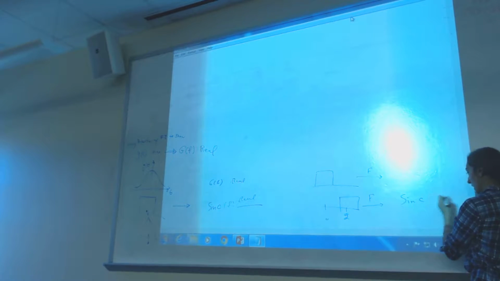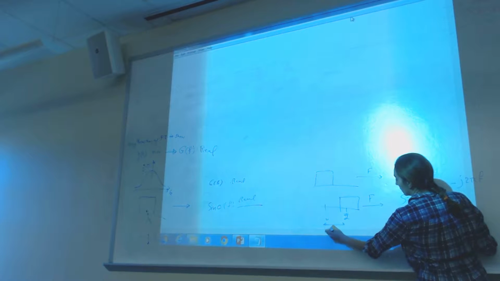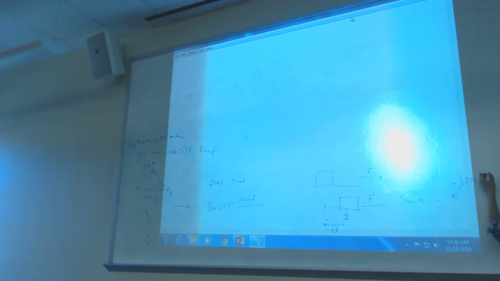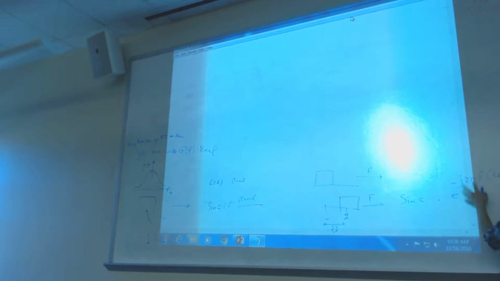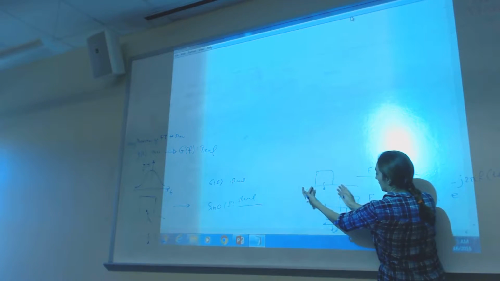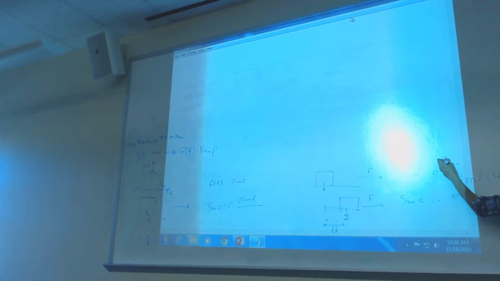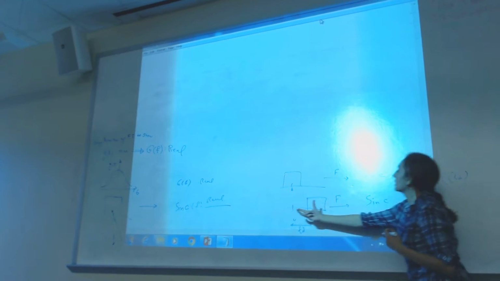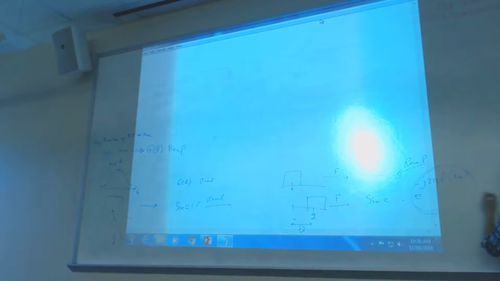So you're going to get sinc times e to the minus j 2 pi f, and then the amount of shift, for example, 2. So is this real? It's no longer real because you have a complex exponential. But if it was symmetric around 0, you would have just the real. After the shifting, it's no longer symmetric, so you're going to have a complex.